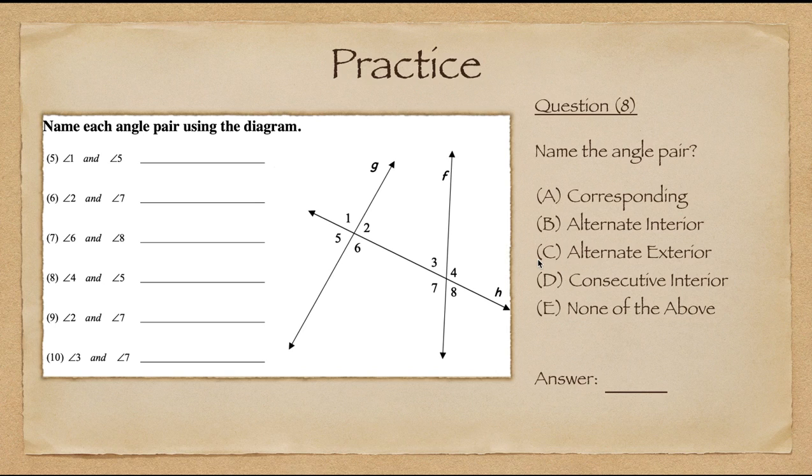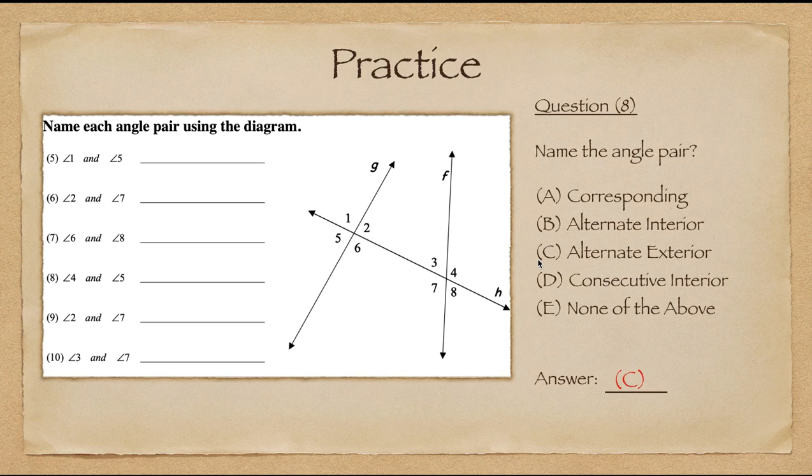Question 8. What pair would you classify angle 4 and angle 5 as? Alternate exterior angles, choice C. That is because the 2 angles are on the outside of the lines intersected by the transversal.